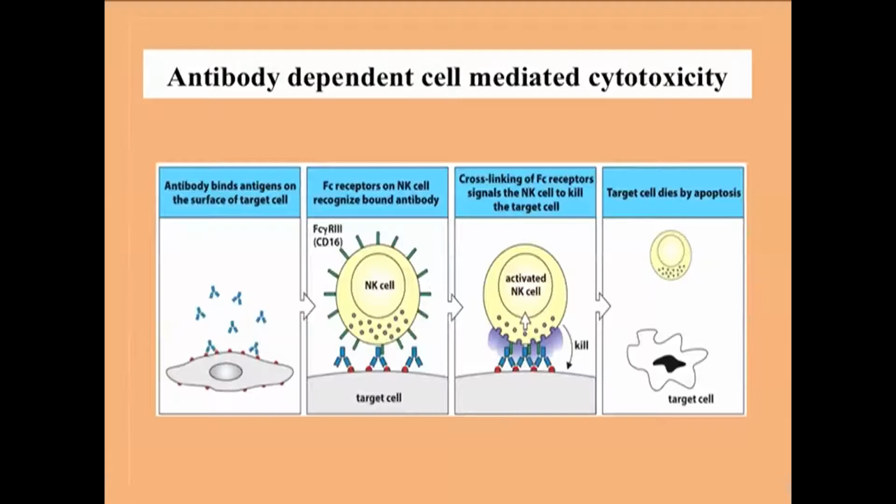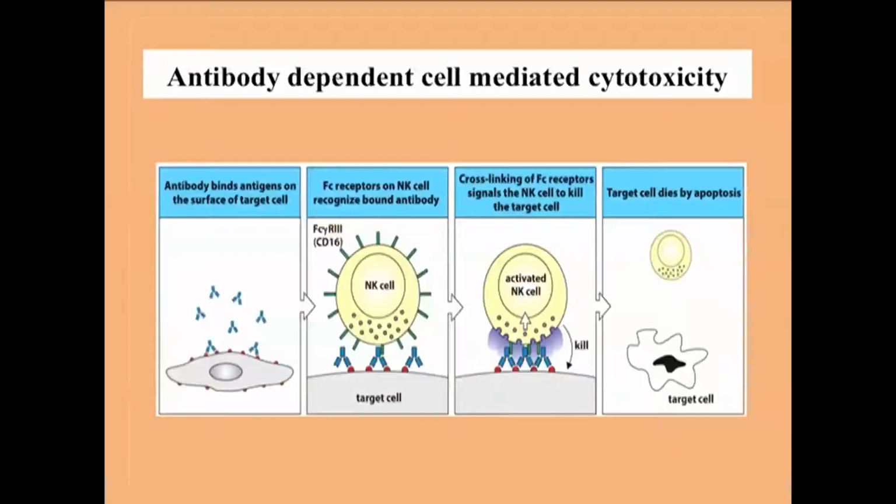It is called antibody-dependent cell-mediated cytotoxicity. What happens? Some tumor cells and virus-infected cells express some proteins on their surface, and the immune system recognizes those proteins and develops an antibody response. Now the antibodies developed against those proteins bind to the surface of the target cell.